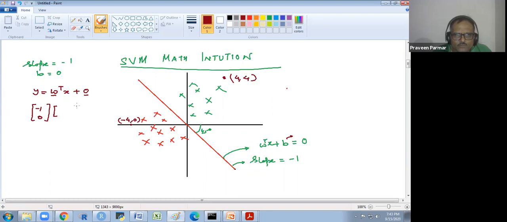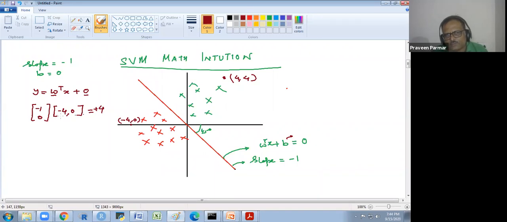And here I will put the value of x and y, so for this point, it is minus 4 comma 0. If I multiply this, what I will get? Can someone tell me? It is 4 plus 4, I will get positive 4.